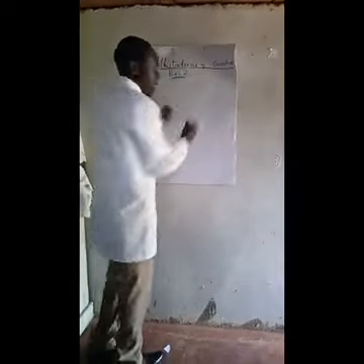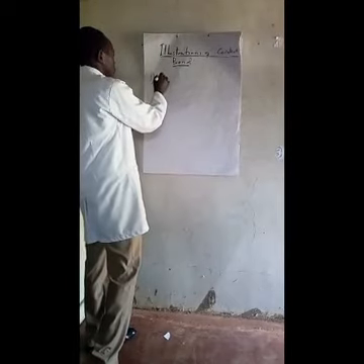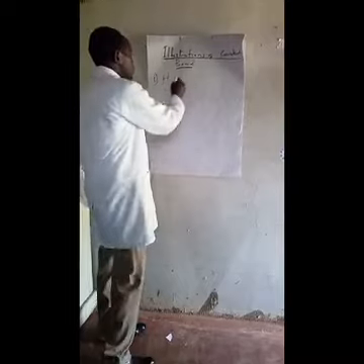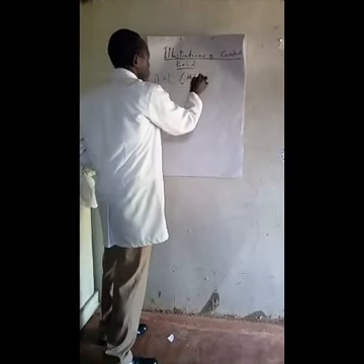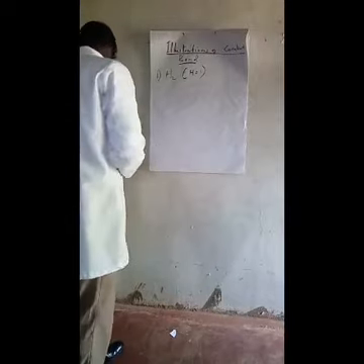One, we start with the hydrogen molecule, and we know that the atomic number of hydrogen is 1. So let us start with that.